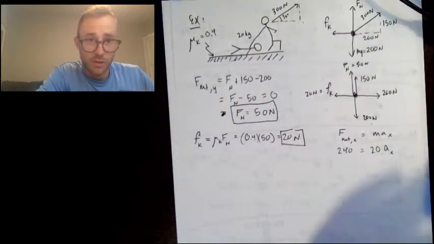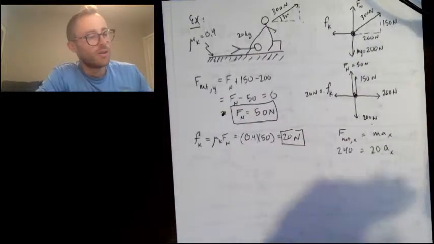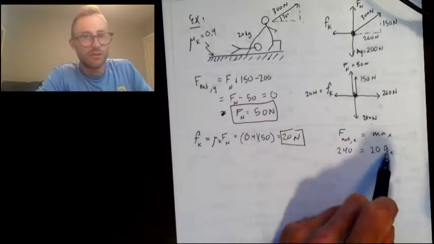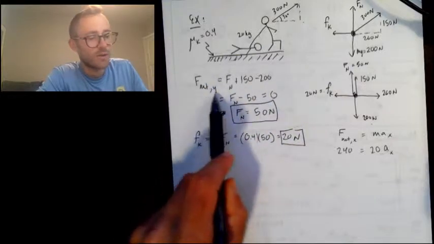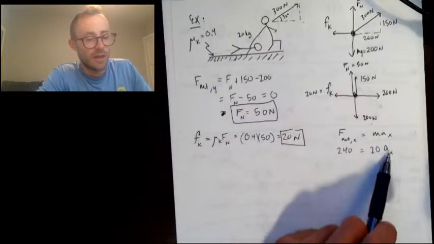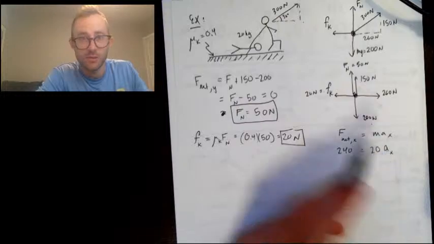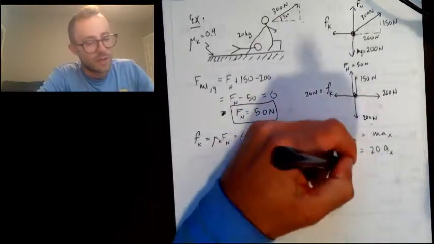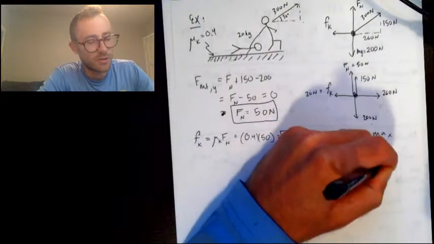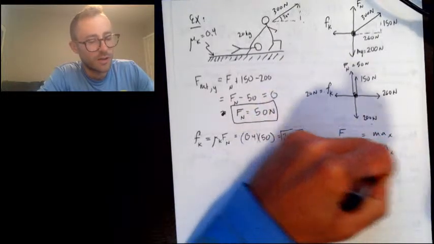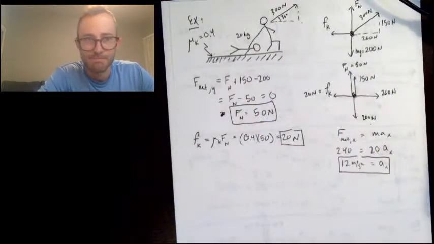So notice how you can have an acceleration. It's just a horizontal acceleration, not a vertical acceleration. So that's why the net force in the y direction was 0, but in the x direction it's not equal to 0. So that says that 12 meters per second squared is the acceleration of the child in the x direction. Okay?